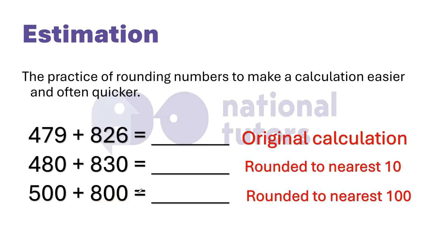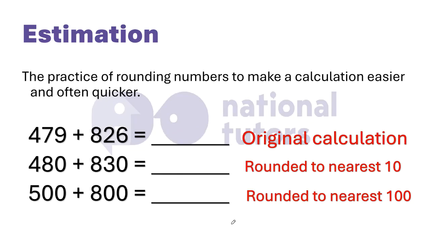So then we have 500 add 800, and that is 1,300 exactly. So you can see that with our three answers, they're not too far apart, and how estimation can actually be a really valuable tool. It's often used in day-to-day life to get what's called a ballpark figure or a rough guide to a mathematical problem.